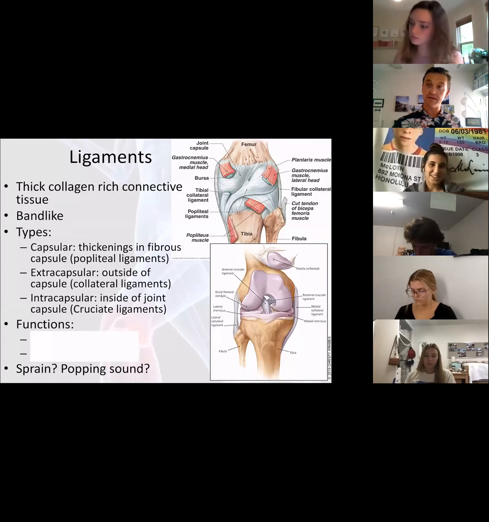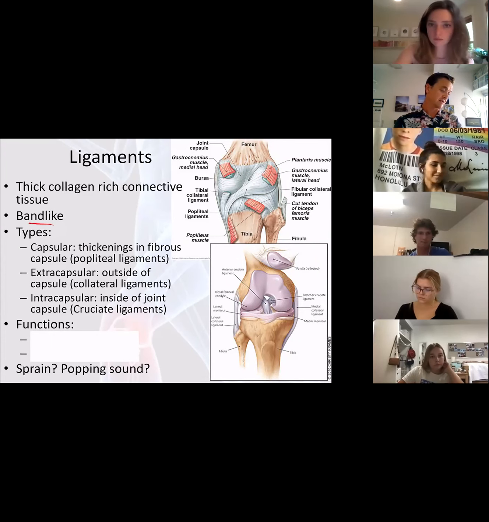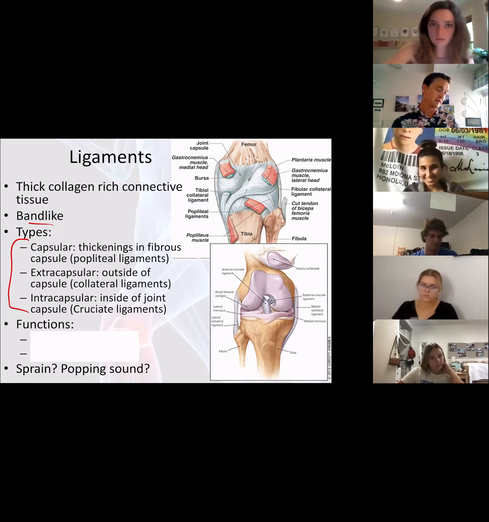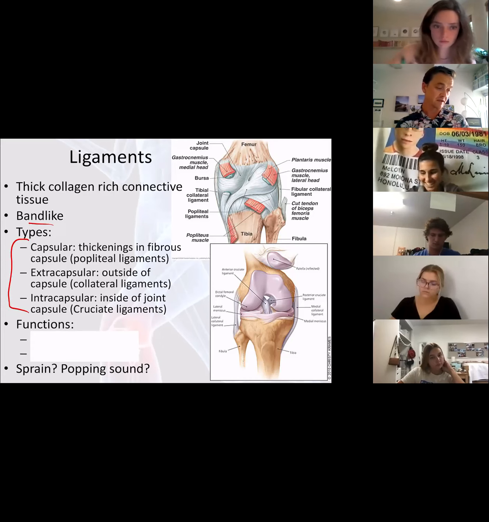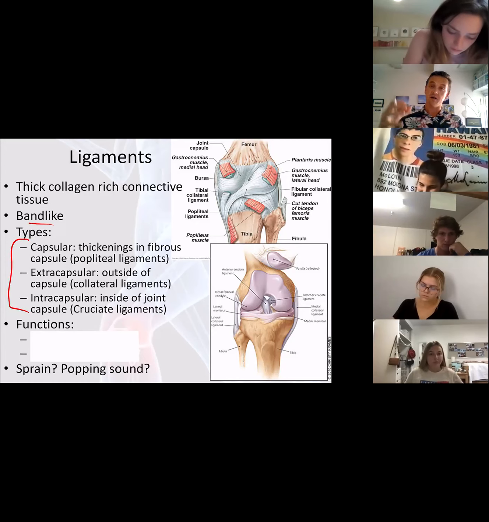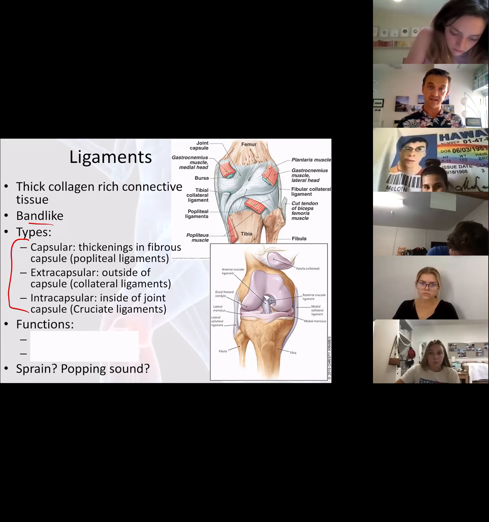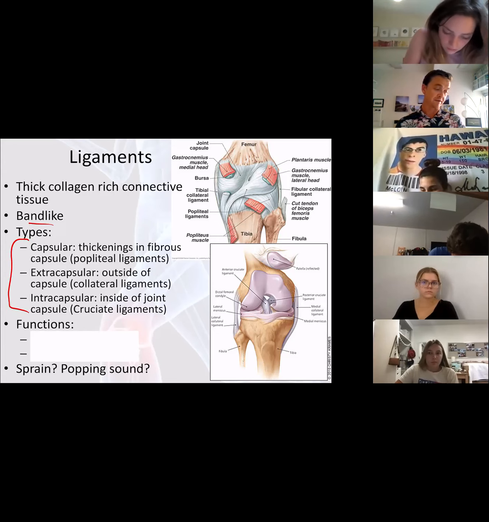All right, so let's talk about ligaments a little bit. Ligaments are these thick collagen bundles, very strong, band-like. There are really three different types of ligaments in the body. There are capsular ligaments. Capsular ligaments are really a part of the capsule, just thicker parts of it, thickenings in the fibrous capsule.